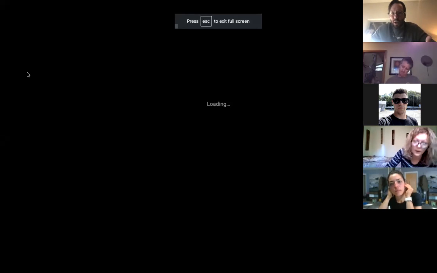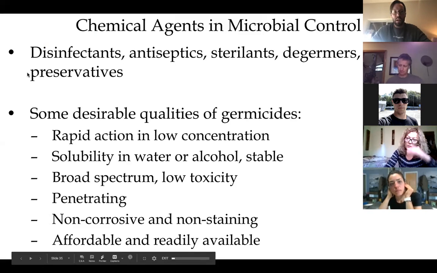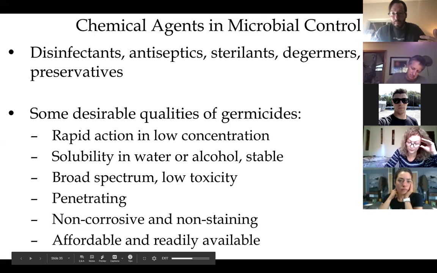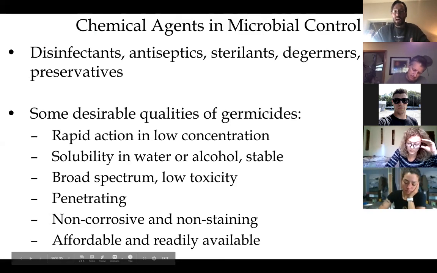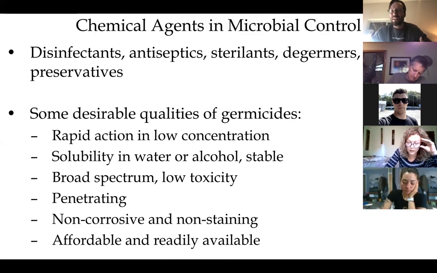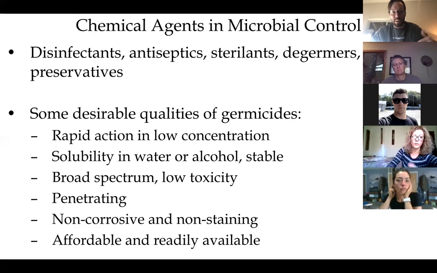So what we're going to finish up with today is looking at things called germicides. To review, we've been talking about disinfectants. Disinfectants are things that don't completely sterilize. They're microbicidal because they kill microbes, but they don't kill the endospores. And disinfectants are things you use on inanimate surfaces, not on living things.